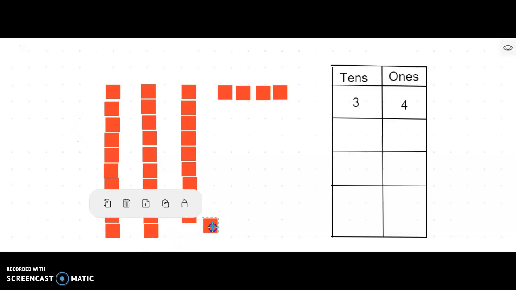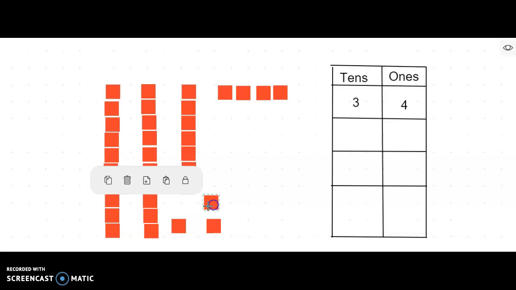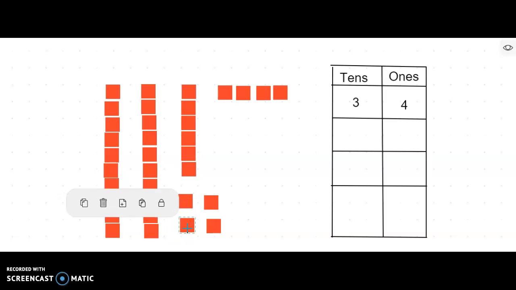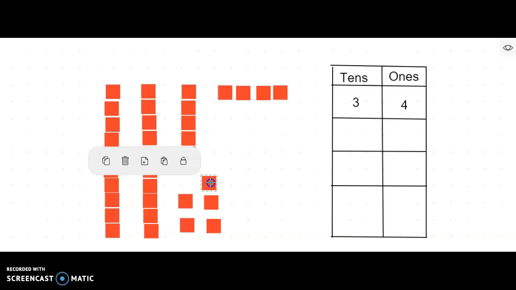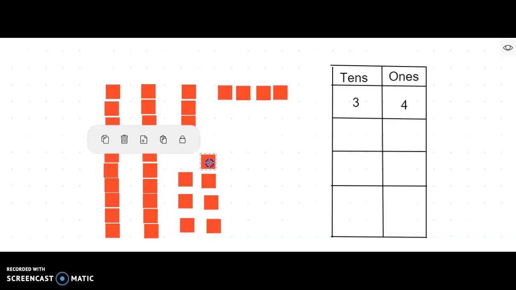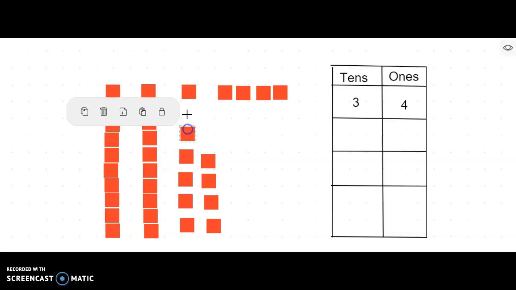Ready? 1, 2, 3, 4, 5, 6, 7, 8, 9, 10. All right, so now I have 2 10s, but instead of only 4 ones, I have these 10 loose ones plus 4 ones.